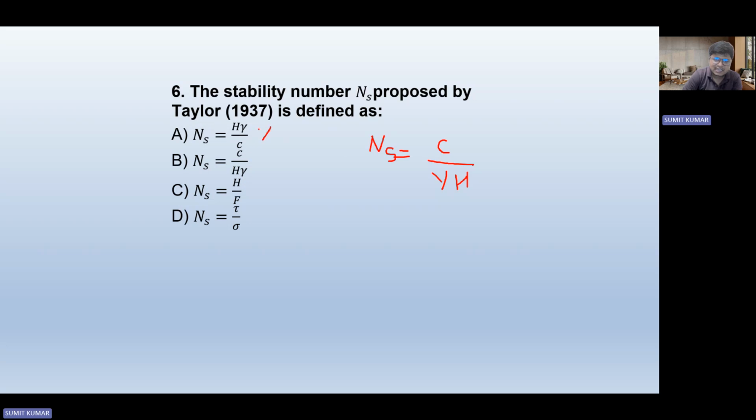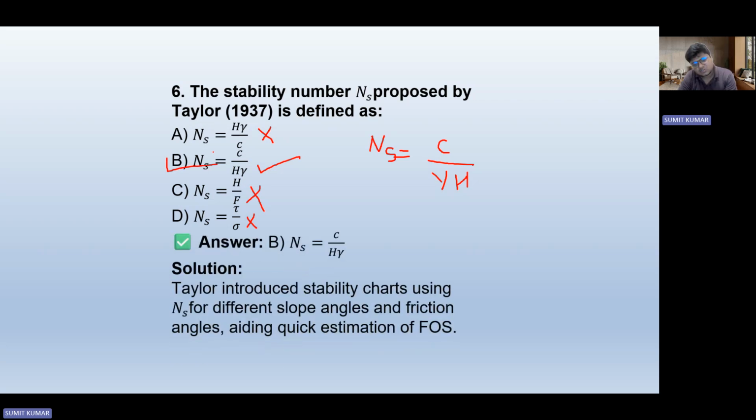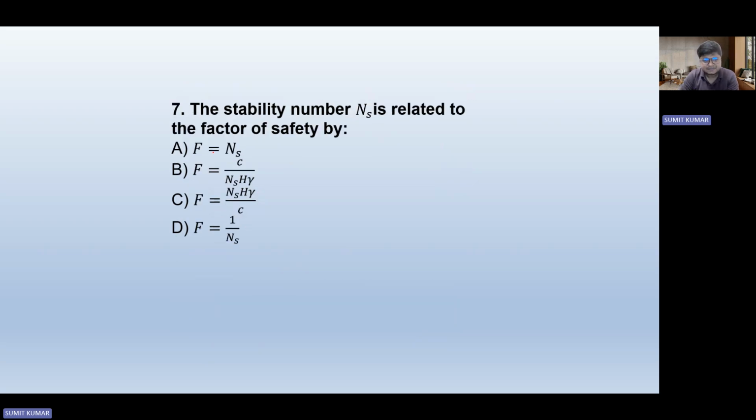H by gamma, no. H gamma by c, no. c by gamma H, yes. H by F, no. Tau by A, no. So option B is the correct answer for this problem. So you see c by gamma H, Taylor introduced the stability chart using Ns for different slope angles and friction angles, allowing a quick estimation of the factor of safety.